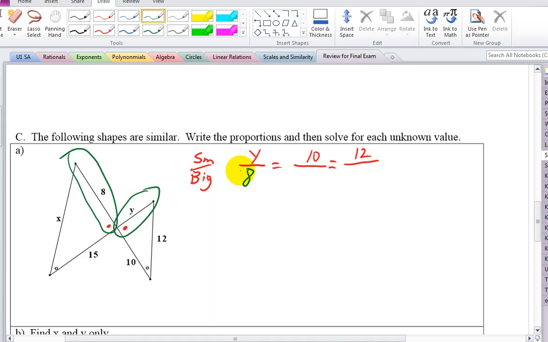Okay, so match up the rest. Go. So underneath the 10, we should have a 15, and underneath the 12, we should have x. So we have 2 ratios. Right? One of them is this one, and the other one for the x is those 2 fractions. Okay? Good. Solve.